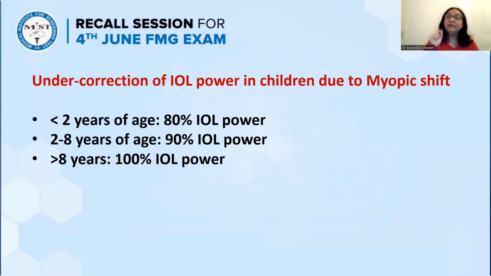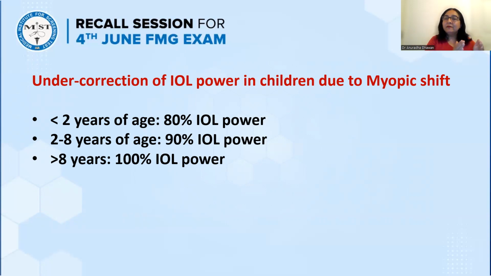So when you are choosing the IOL power, in a child, one has to take care of this myopic shift because this is happening. The child is in the growing phase. Because of the myopic shift, we do under correction of the intraocular lens power. Okay, so if you are putting an IOL in a child who is less than 2 years of the age, you will give 80% of the power which has been calculated.